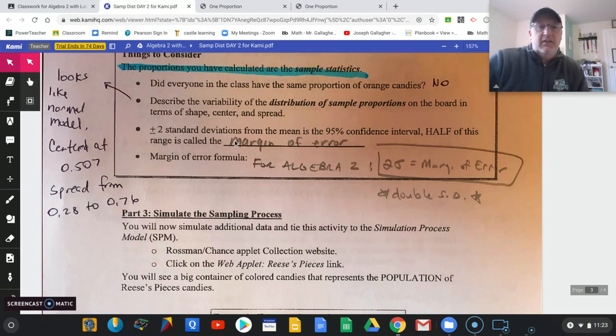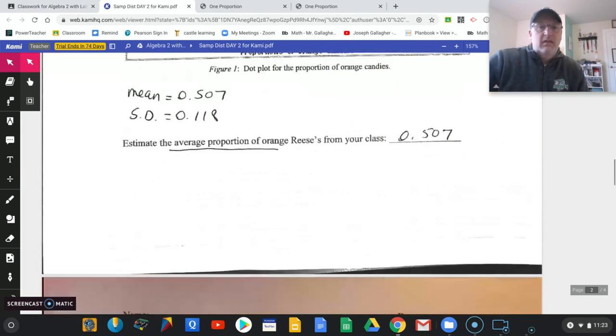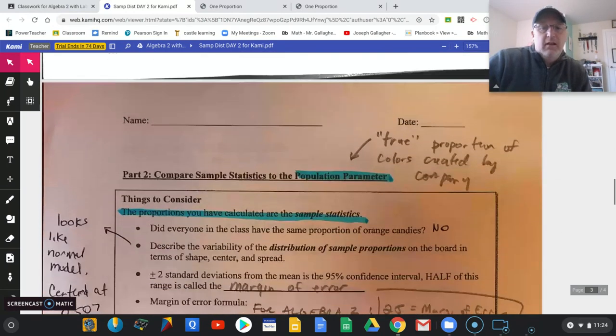That really tells me if I know my mean and my standard deviation, I can add the 0.118 twice to 0.507. That would give me my upper bound. And then I would subtract 0.118 from 0.507 twice. Well, technically, I'd only subtract it once and then take my new number and subtract it again. But you get my point. That would give me my lower bound.